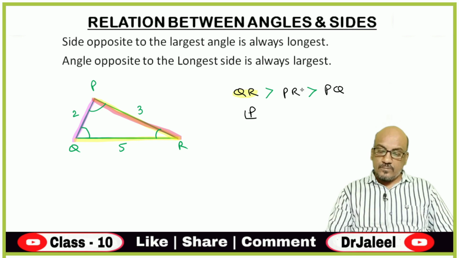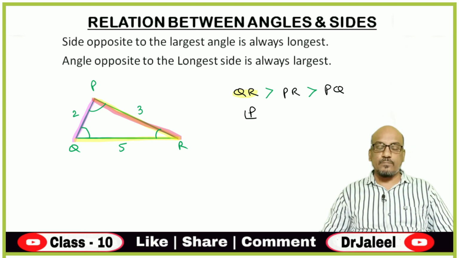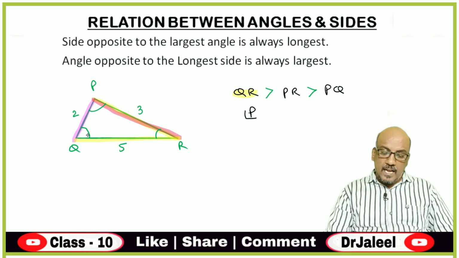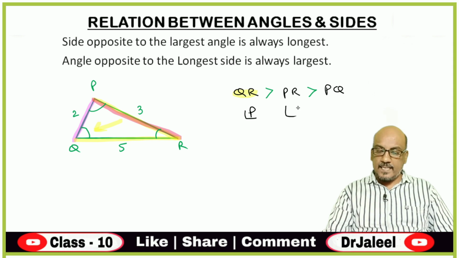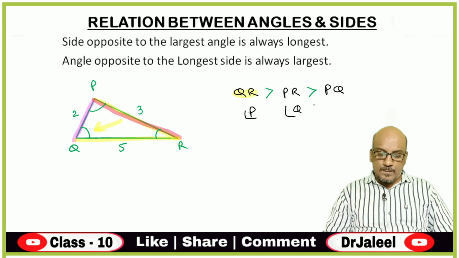And then what is PR here? PR is the middle length side. So now angle opposite to this PR is going to be middle in size. That is angle Q. And then PQ is the smallest side.